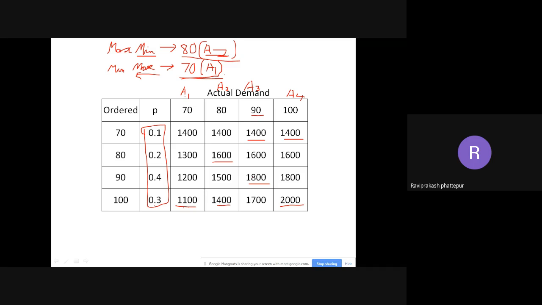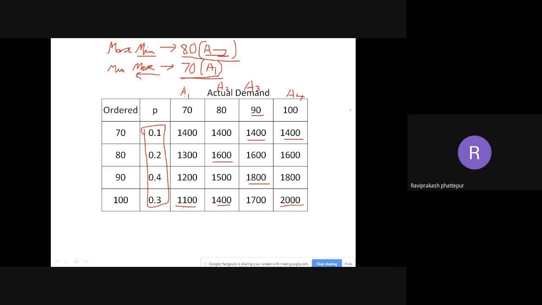Similarly, in the examination they could ask you. Earlier they could have asked for all five different principles. Now you have only two, so they will ask both principles, maximin and minimax. Find out the decisions, that is, which alternative has to be chosen from this particular problem. Here it is 80 and 70.